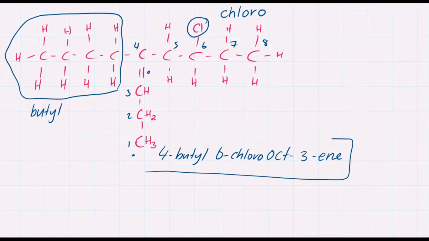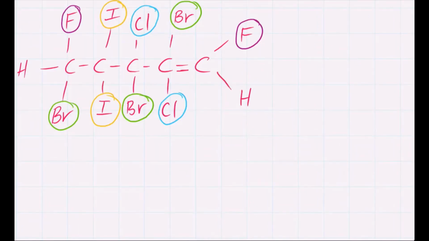A mouthful, but methodical. It makes sense. I thought I'd be a little bit crazy and just make you this absolute nightmare of an alkene that has all of the halogens in it, just for fun, because you know what, we can do this.